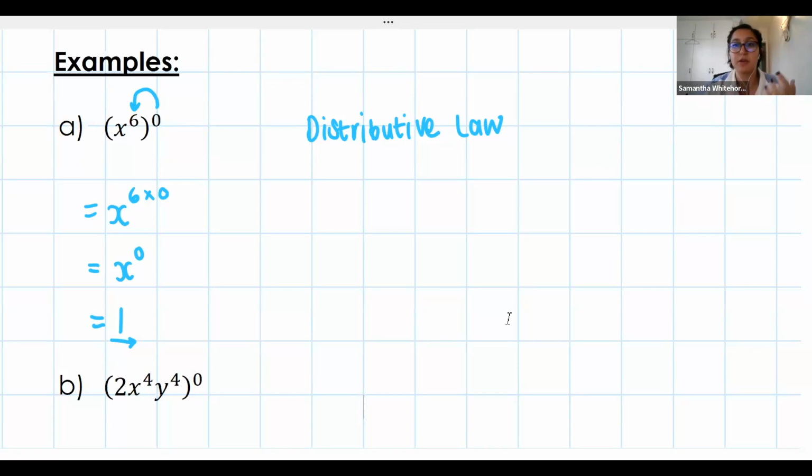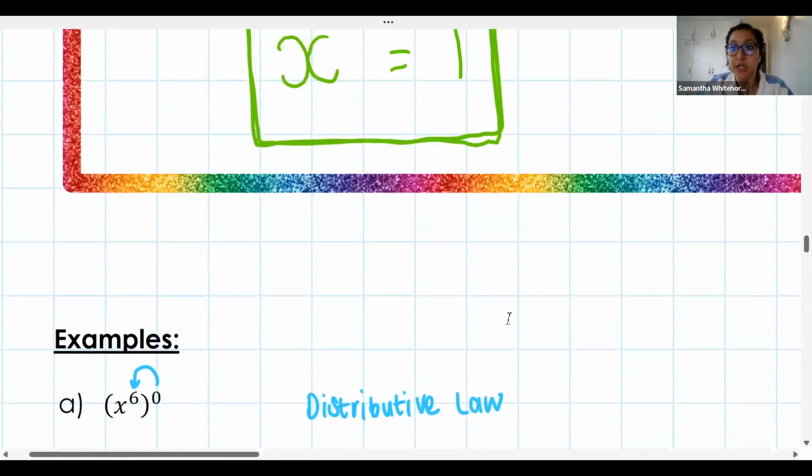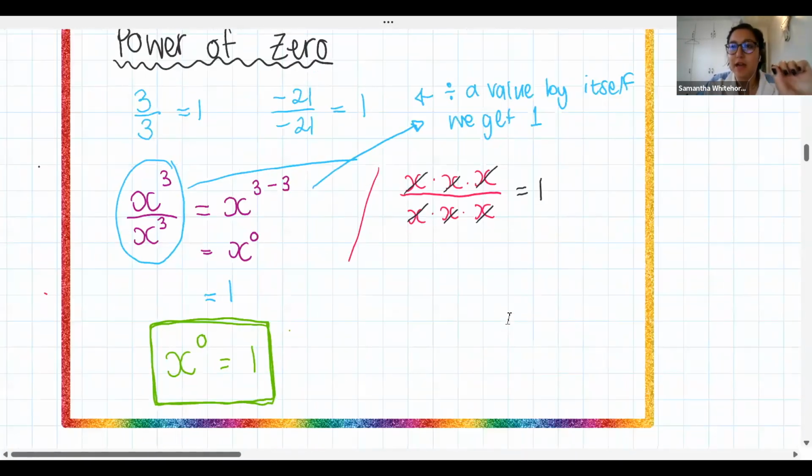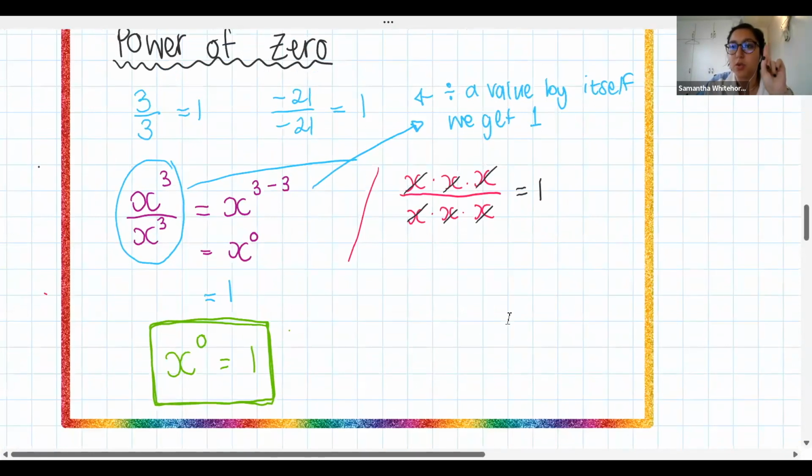We distribute the 0 to the 6. So it becomes x to the power 6 times 0. That is the distributive law. We've done examples of it. You had an entire lesson of that on Monday. We know that. If you don't know that, watch the videos. 6 times 0. 0 times anything is 0. What that means is that we end up with x to the power 0. Now we know, because we've just done it, that any value to the power of 0 is 1.